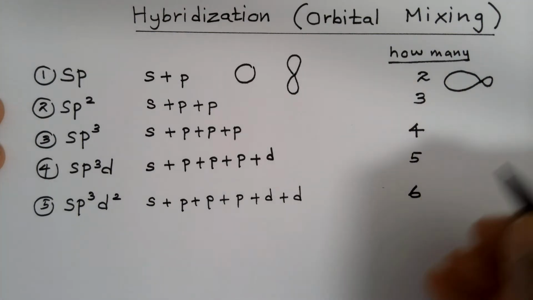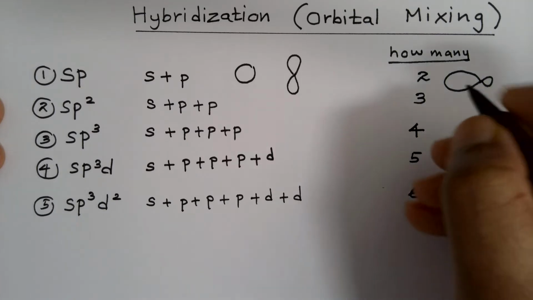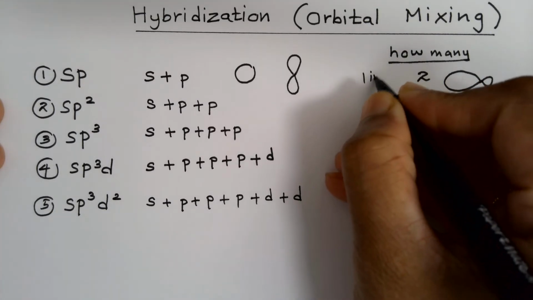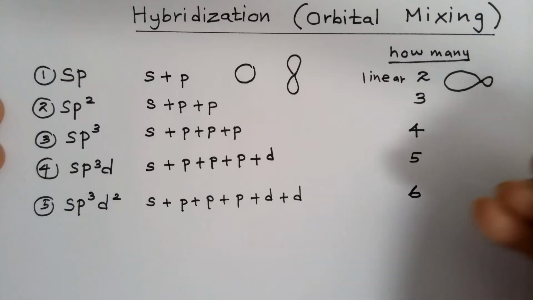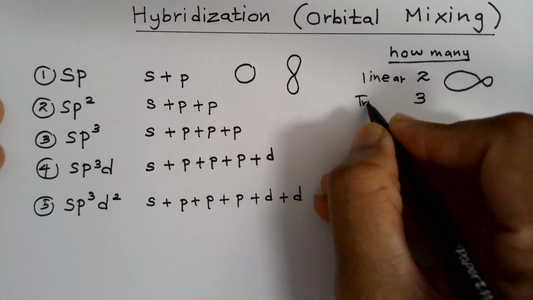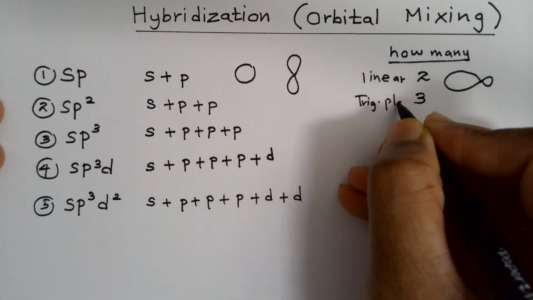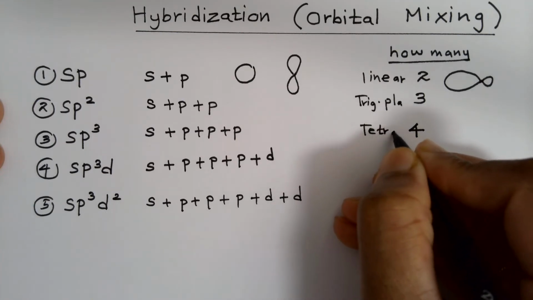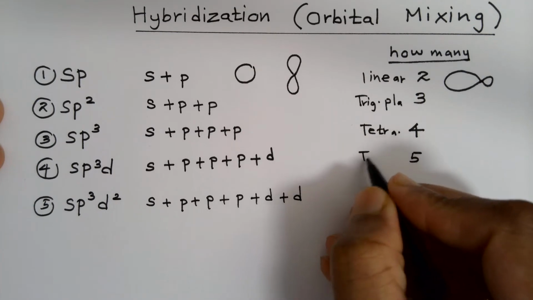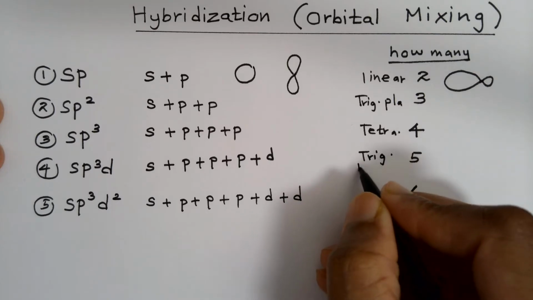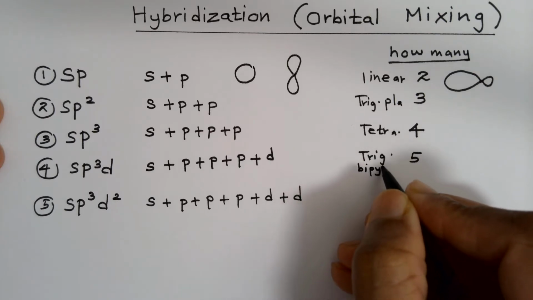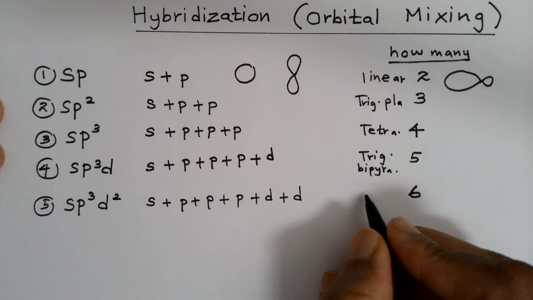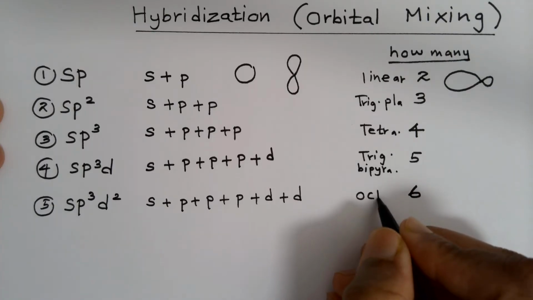So I will quickly go through this: the linear shape, trigonal planar, tetrahedral, trigonal bipyramidal, and 6 bonds we can make in octahedral.